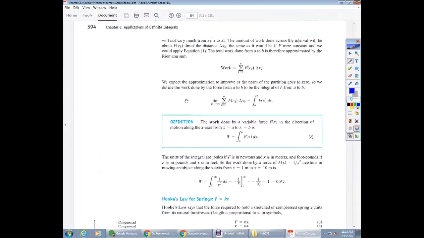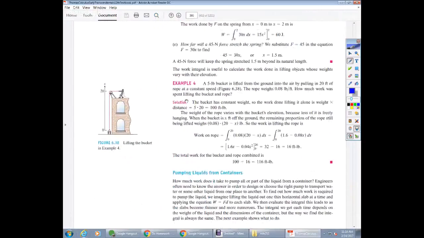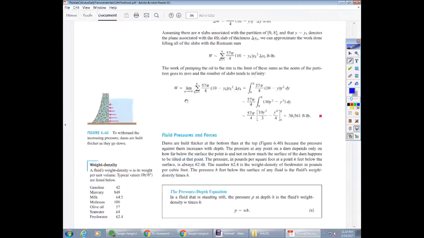So we need the weight of water, 62.4, yeah.